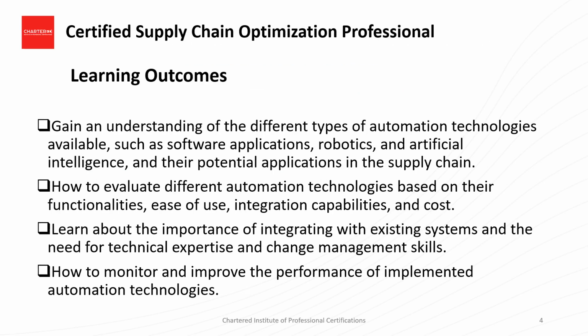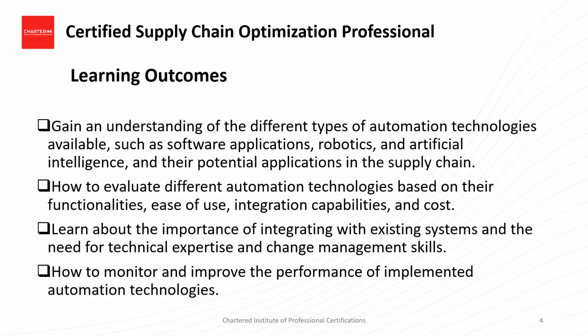The key learning outcomes for this course will be to gain an understanding of the different types of automation technologies available, such as software applications, robotics, artificial intelligence, and their potential applications in the supply chain. We will look at how to evaluate different automation technologies based on their functionalities, ease of use, integration capabilities, and cost.